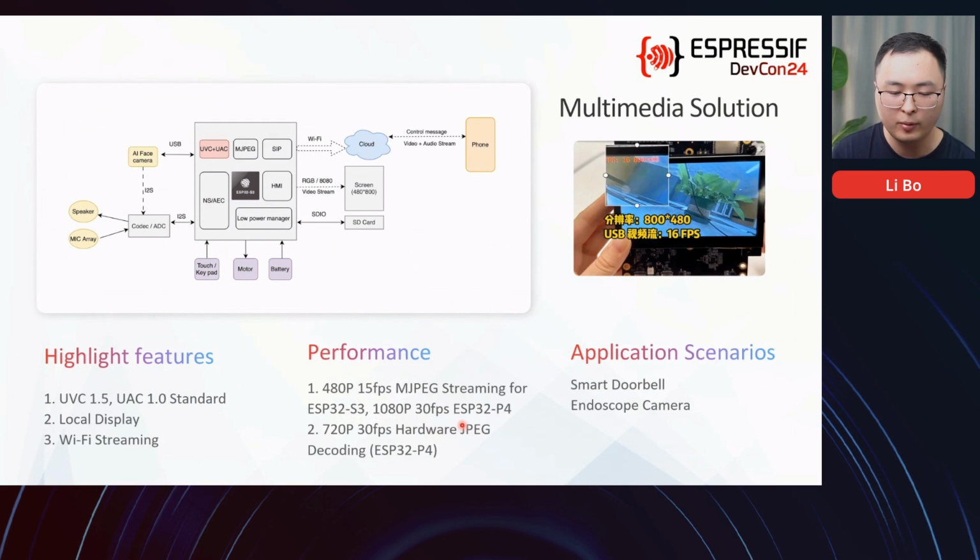And with the help of the hardware JPEG decoder in the P4, you can achieve 720p 30 FPS using the ESP32-P4. This solution is suitable for the smart doorbell and endoscope cameras and other related scenarios.